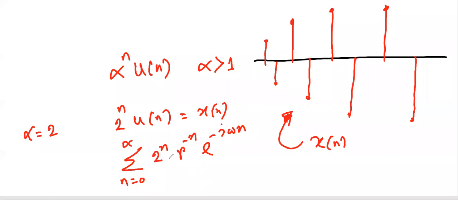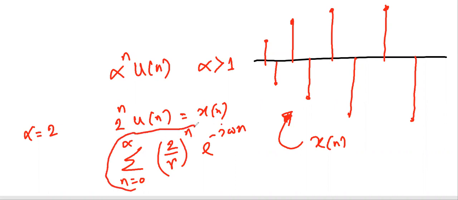We can write it in a different fashion. Consider the value of r. We can also write divided by r to the power n, or in a combined fashion, 2 divided by r, whole to the power n. Now, when will this part be summable? That is the question. Of course, whenever this amount is less than 1.